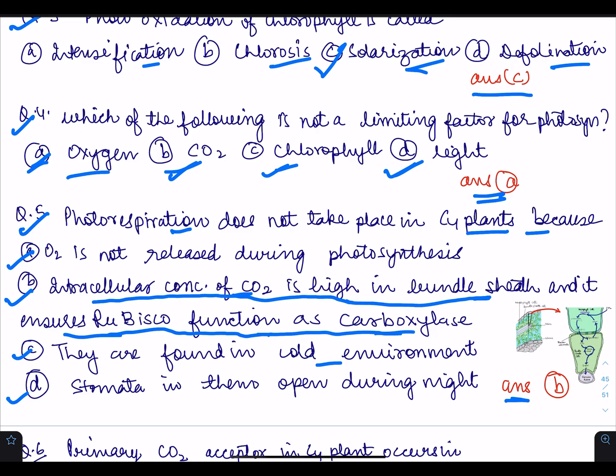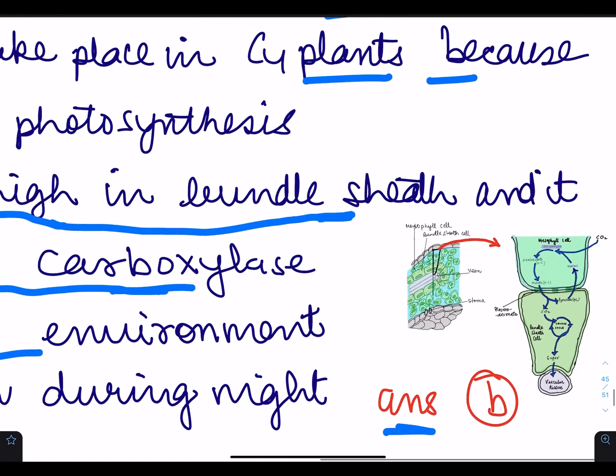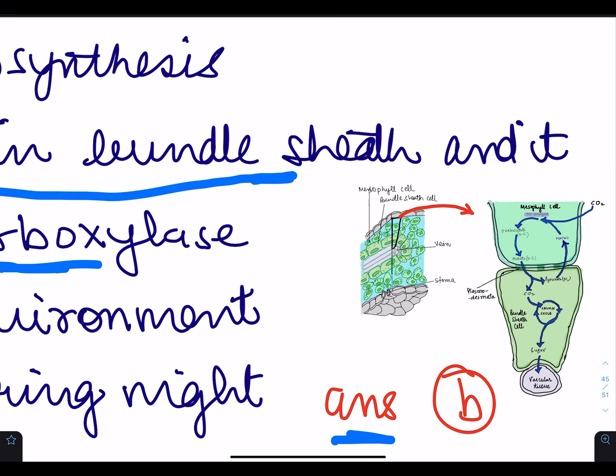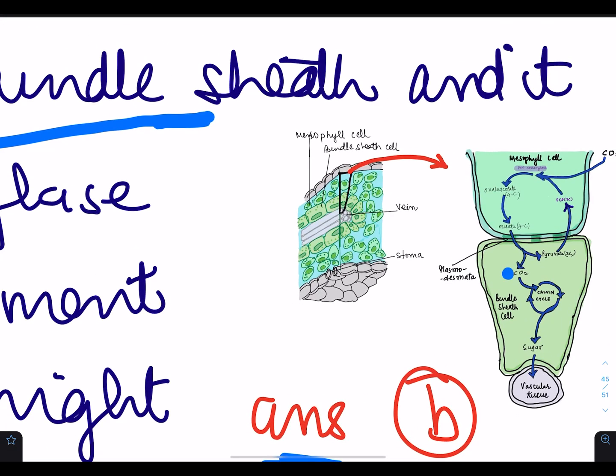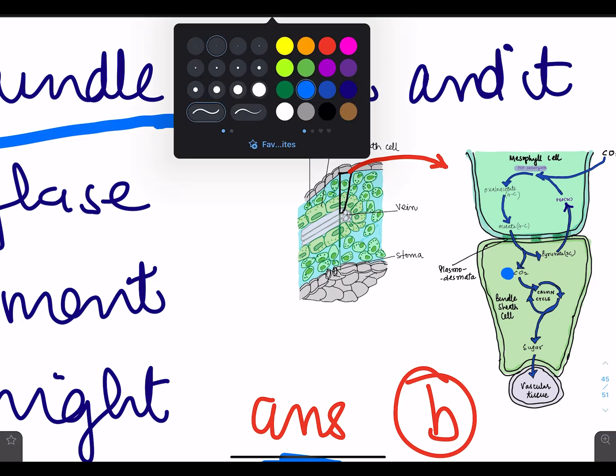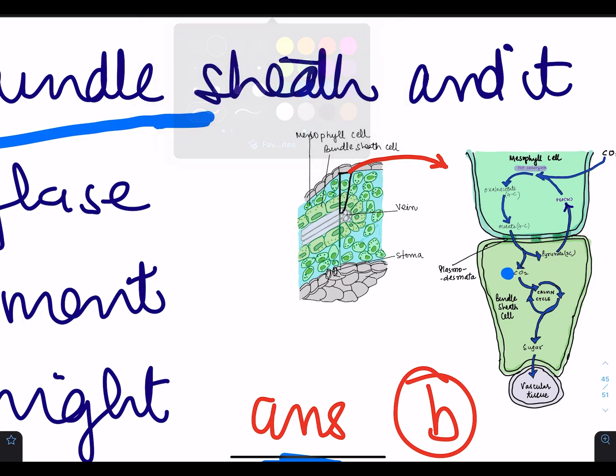Let us have a look at this diagram again. In C4 plants, carbon dioxide, we see here, is pumped from here to here, that is from mesophyll cells to bundle sheath cells. So its concentration is always high in bundle sheath cells.